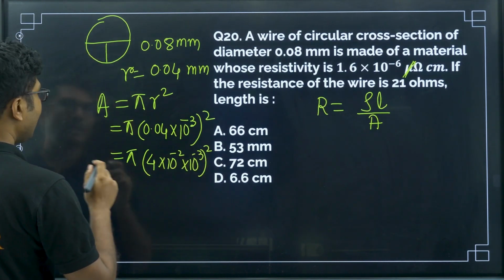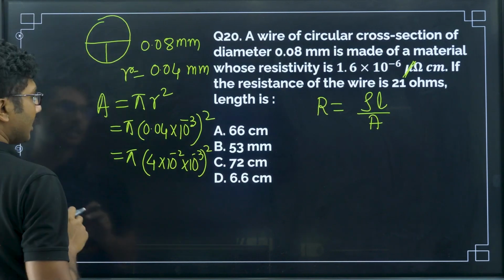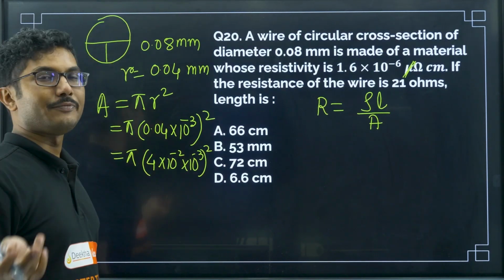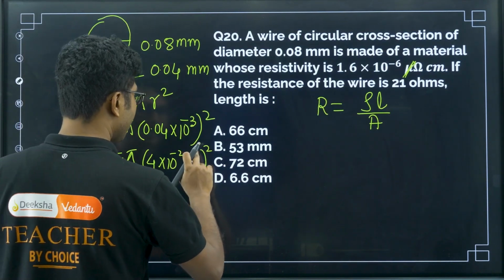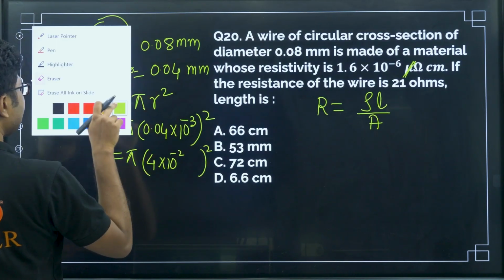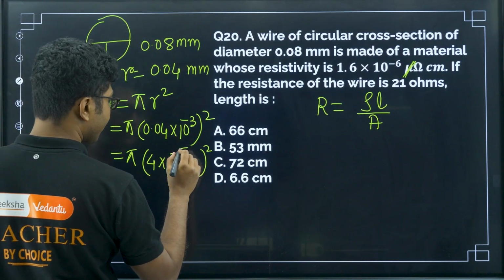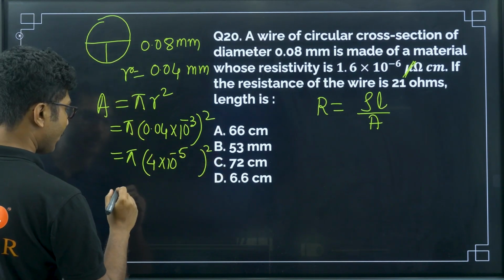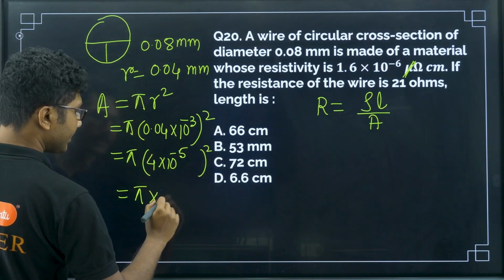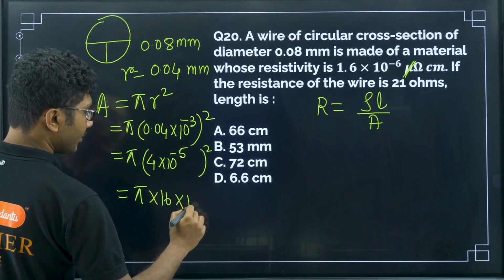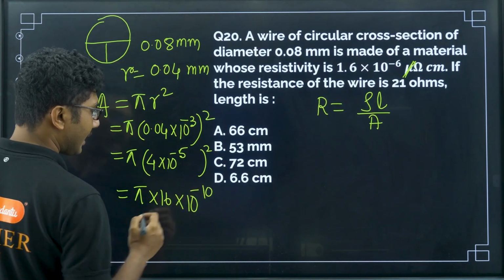Now if you multiply 10 to the power of minus 2 and 10 to the power of minus 3, their indices will be added, that is 10 to the power of minus 5, right? Now you just square them, pi times 16 times 10 to the power of minus 10, right?